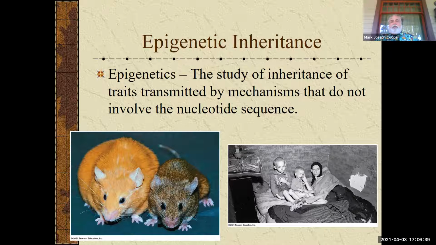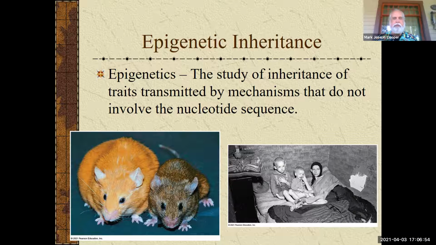They have the same genes basically, but the one on the left had different conditions that it was exposed to inside mom, and it does not break up fat as well. So you end up with a fatty mouse. So you know, if you're overweight, you can go home, blame your mother.